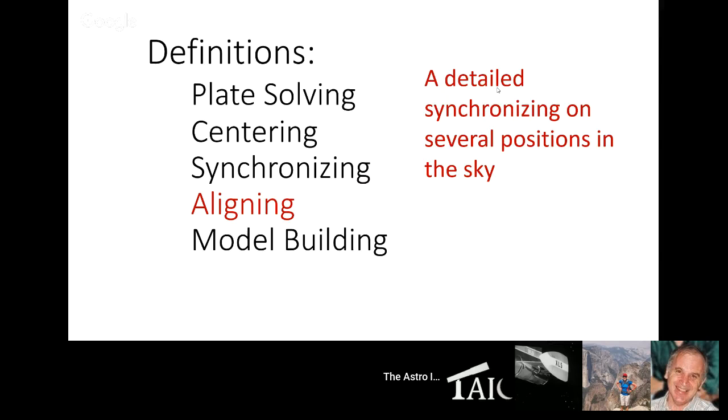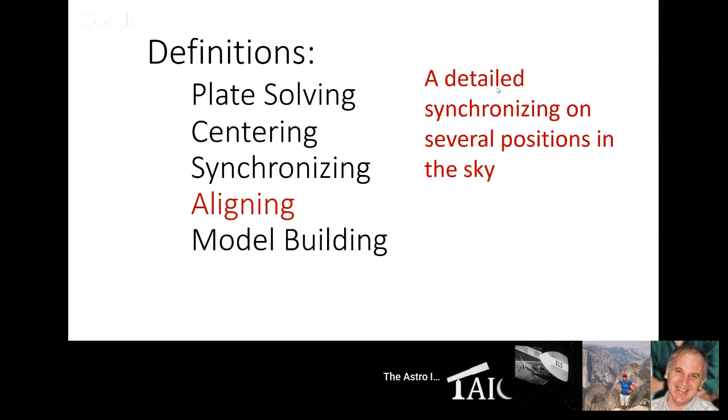Therefore, it knows where north is. That's point number 1. Then you go to someplace, let's go to Betelgeuse, and Betelgeuse is not quite in the center, so you move your scope around until it is, and then you tell it, Betelgeuse is right here. Now you've got 2 alignment points, the initial counterweight down position and Betelgeuse.